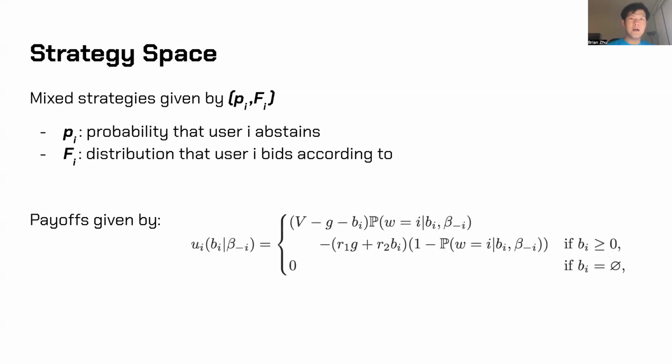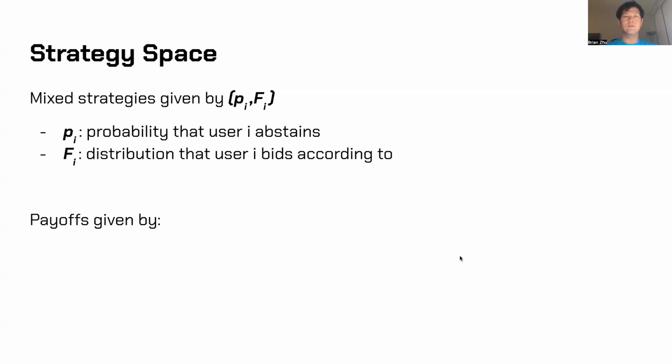So given these strategies, we can specify the payoff conditional on a priority bid being realized as b_i, given a strategy beta of all the other agents as such. So here we have what you pay if you win, and here's what you pay if you lose.